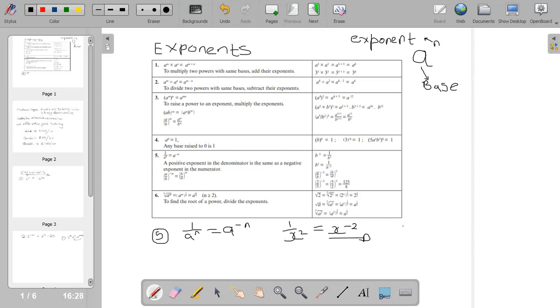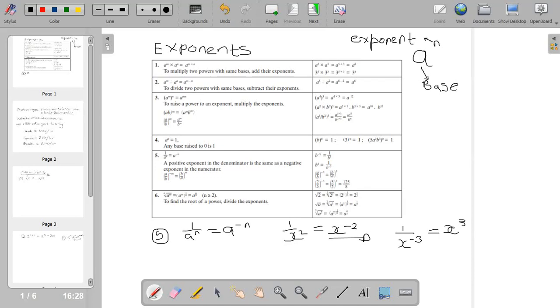The same will apply if we have 1 over x exponent minus 3. The answer will be x cubed. So the sign changes if you take the power that is in a denominator position to a numerator.